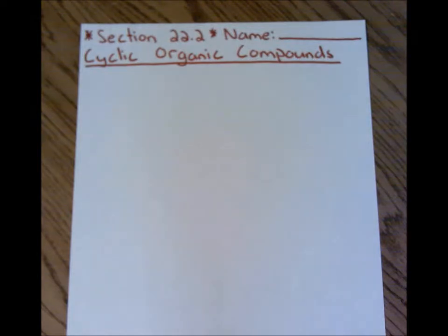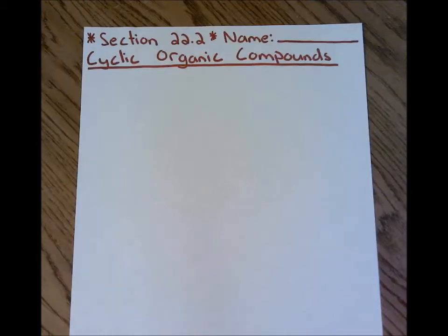So, we left off naming and drawing alkanes in the last section, and now we pick back up with this particular portion of organic chemistry. And so we have this business of a cyclic organic compound. Now, a cyclic hydrocarbon is just going to be defined as an organic compound that contains a hydrocarbon ring.